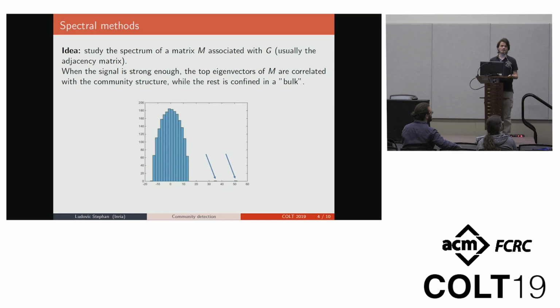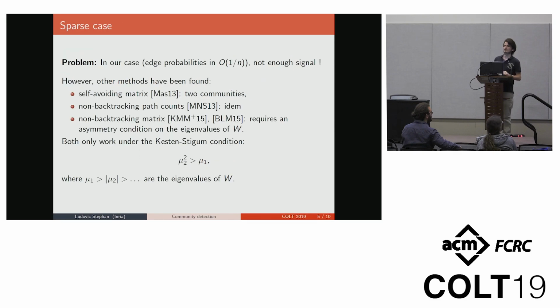The problem is, in our case, that when we have sparse random graphs, there is not enough signal for the adjacency matrix to work. So we had to find other methods and other matrices to perform this task, mainly the self-avoiding matrix from Laurent Massoulié, a matrix that counts non-backtracking paths in Mossel et al., or the non-backtracking matrix, which is a little different, mainly introduced in Krzakala et al.